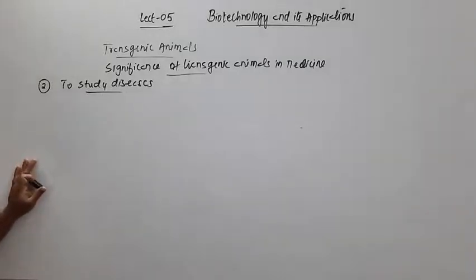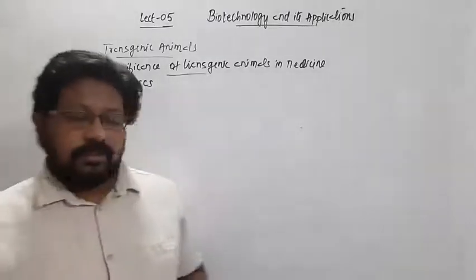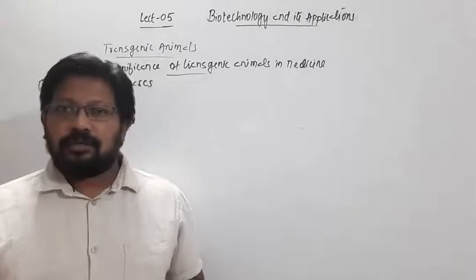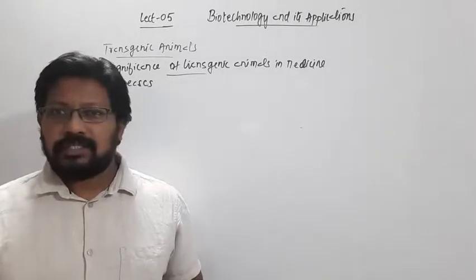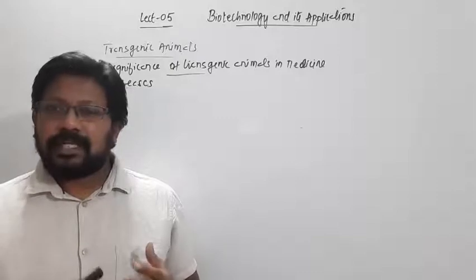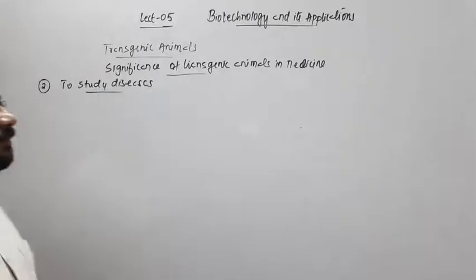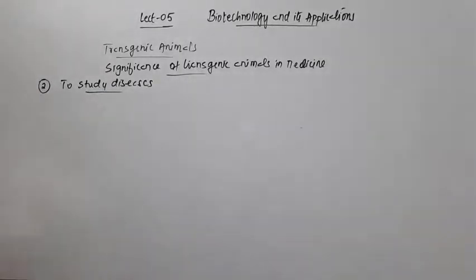What scientists are doing is they are transferring the genes that actually produce certain kinds of diseases into the mice, and they are studying how that gene is showing its effect in those mice.